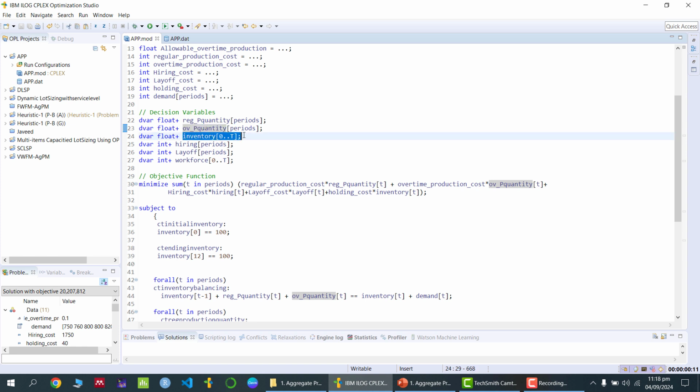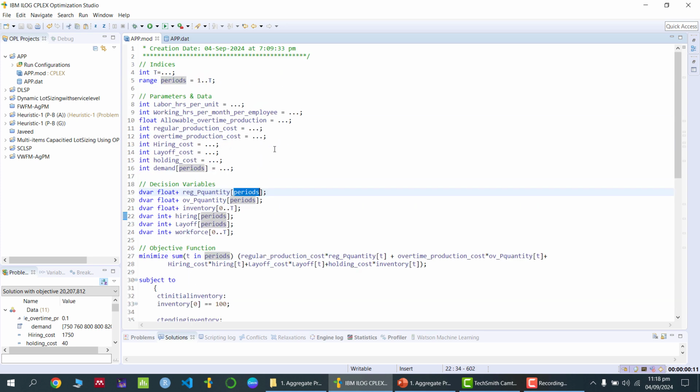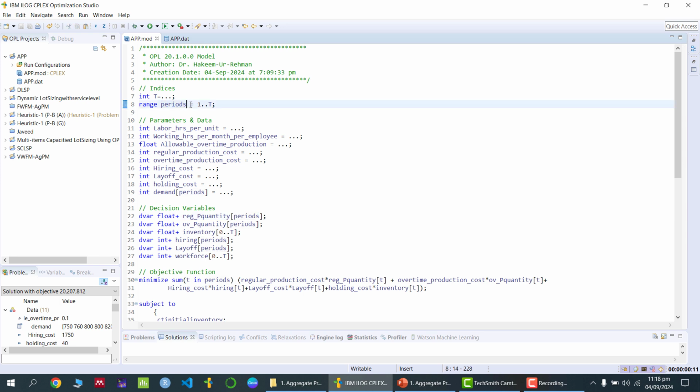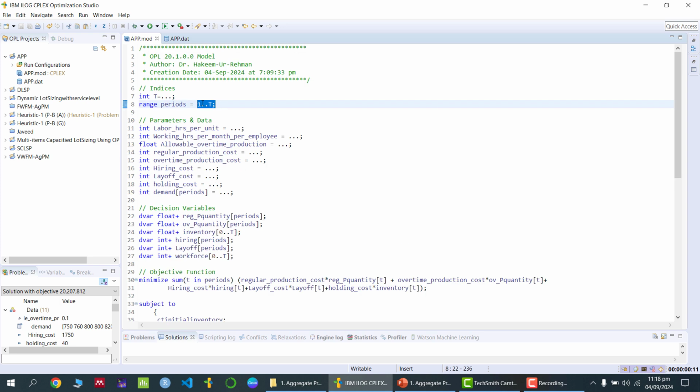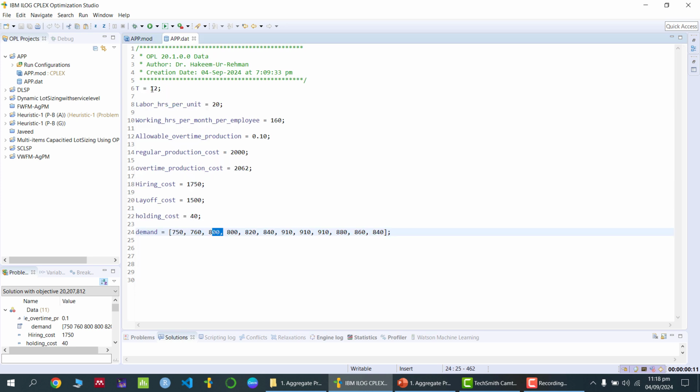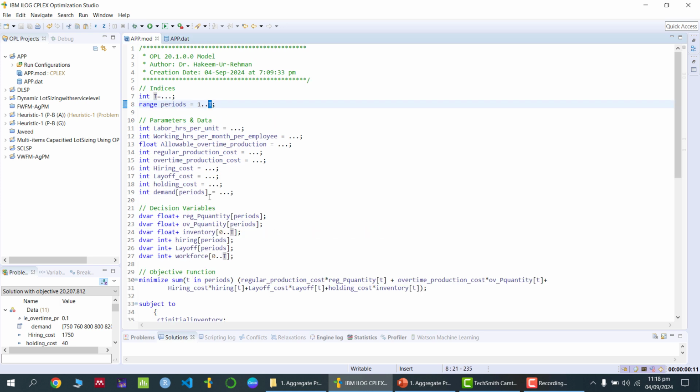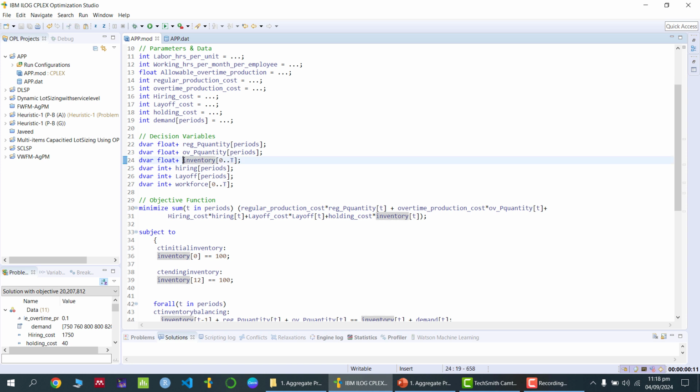This is the inventory. Remember that over here we are using the argument periods, because the time period starts from 1 to capital T. So we have 12 boxes in T, because we have 12 time periods. But in an inventory balancing constraint, we also have T minus one, so we need 13 boxes.